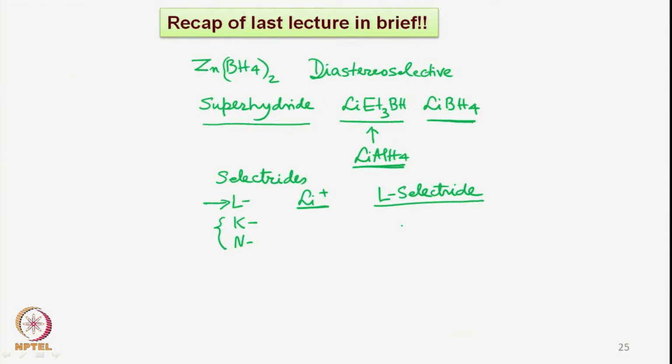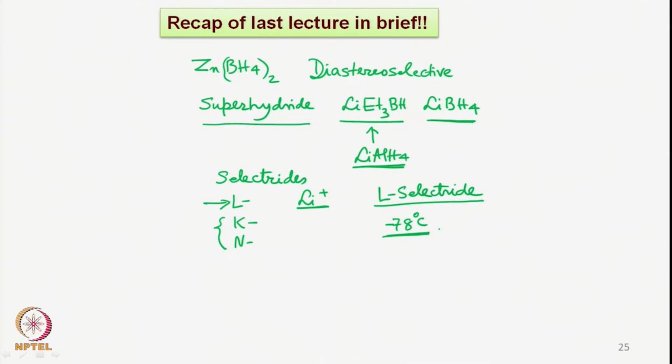We also discussed that these are used only in cases where high diastereoselectivity is required at low temperature. We looked at the temperatures, where in some cases minus 78 degrees can also be used because of the high reactivity of such molecules.